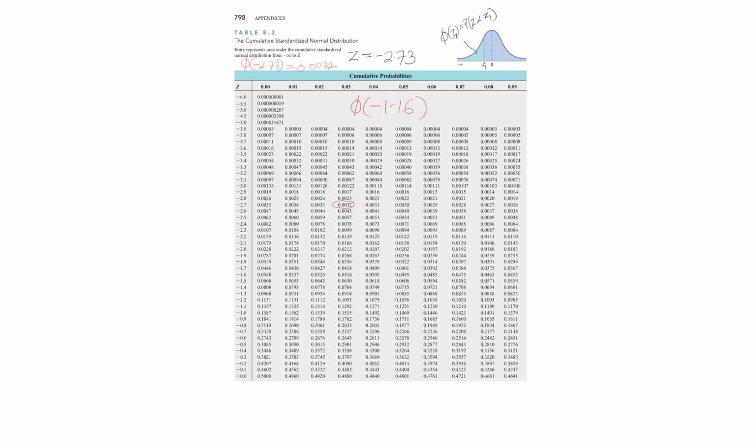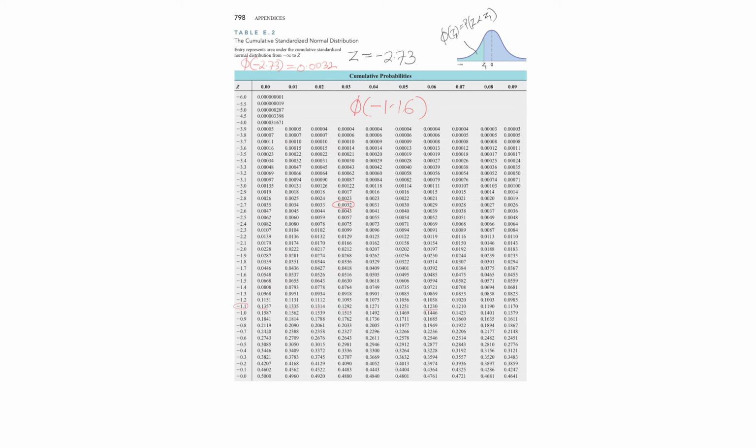This gives the first place of decimal. So this is 1.10, 1.11, 1.12, 1.13, 1.14. I have to move my table. 1.15, 1.16 is right there.